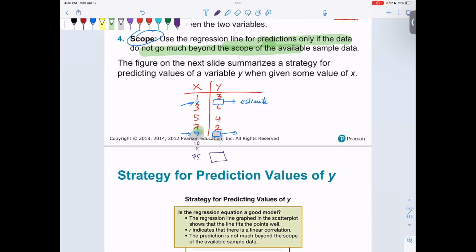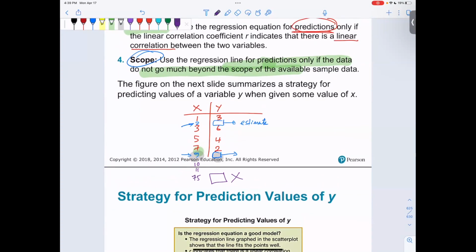For sure, this value will not be accurate. The prediction value will not be accurate if we go much beyond the range of available values of X, okay?